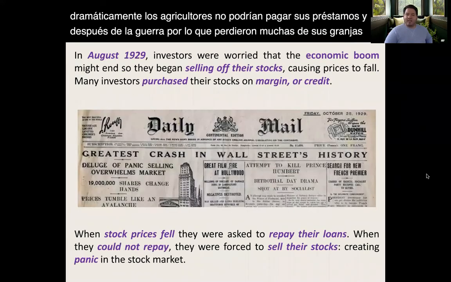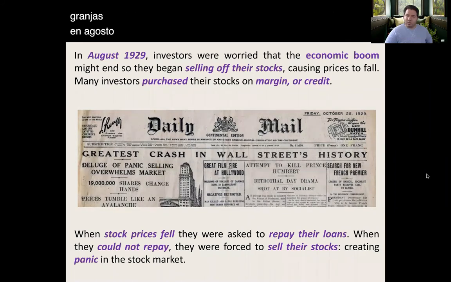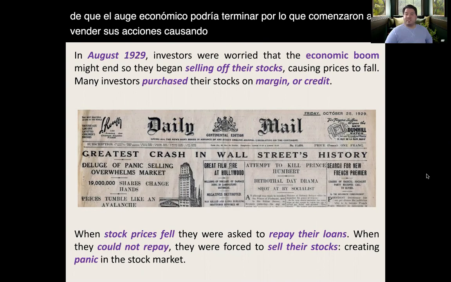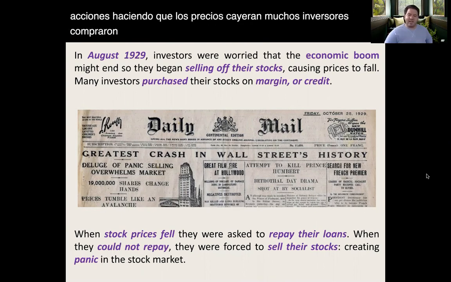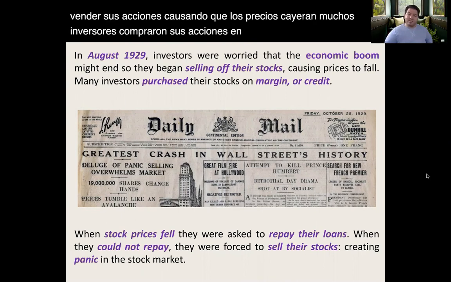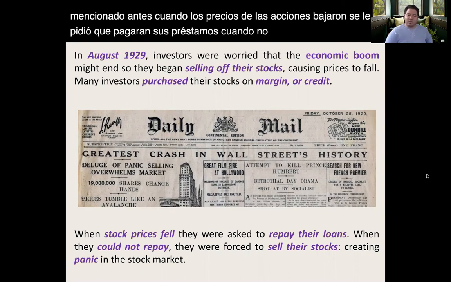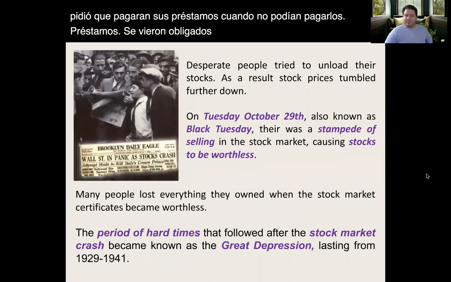In August 1929, investors were worried that the economic boom might end, so they began selling off their stocks, causing prices to fall. Many investors purchased their stocks on margin or on credit, as I had mentioned before. When stock prices fell, they were asked to repay their loans. When they could not repay those loans, they were forced to sell their stocks, creating panic in the stock market.